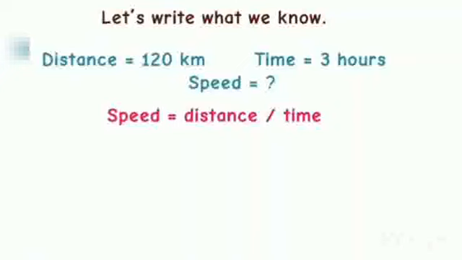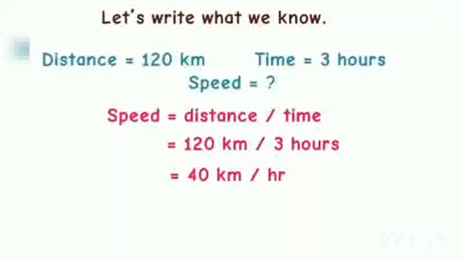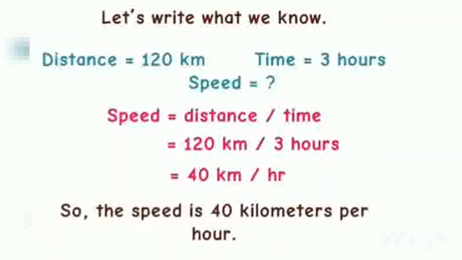How? Put the value in the formula. Speed is equal to distance upon time. So 120 upon 3 hours. So the answer will be 40 km per hour. So the speed is 40 km per hour.